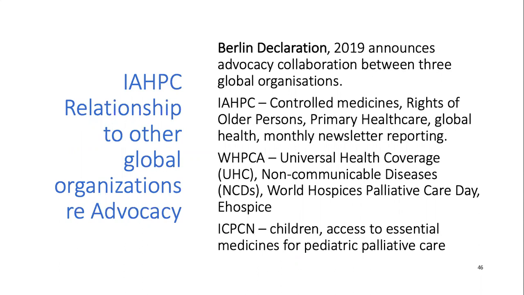And we've got a very rough division of labor. There's a lot of overlap, but IAHPC is going to focus mostly on access to controlled medicines, rights of older persons, primary health care, global health, and integration of palliative care into global health.